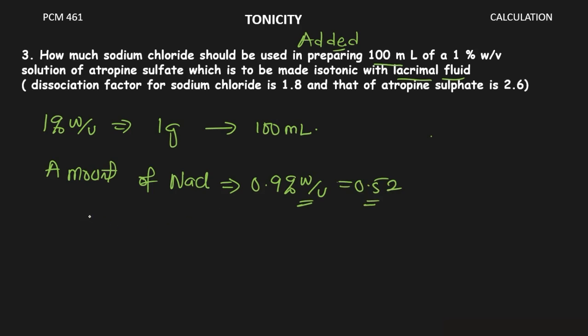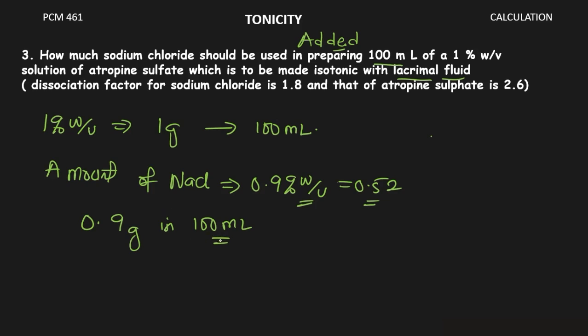Now convert this 0.9% weight by volume to grams. It will become 0.9 gram. Are you getting it? In how many ml of water? 100 milliliters of water. So what we intend to prepare is a situation where we measure 0.9 gram of sodium chloride in 100 ml of water.